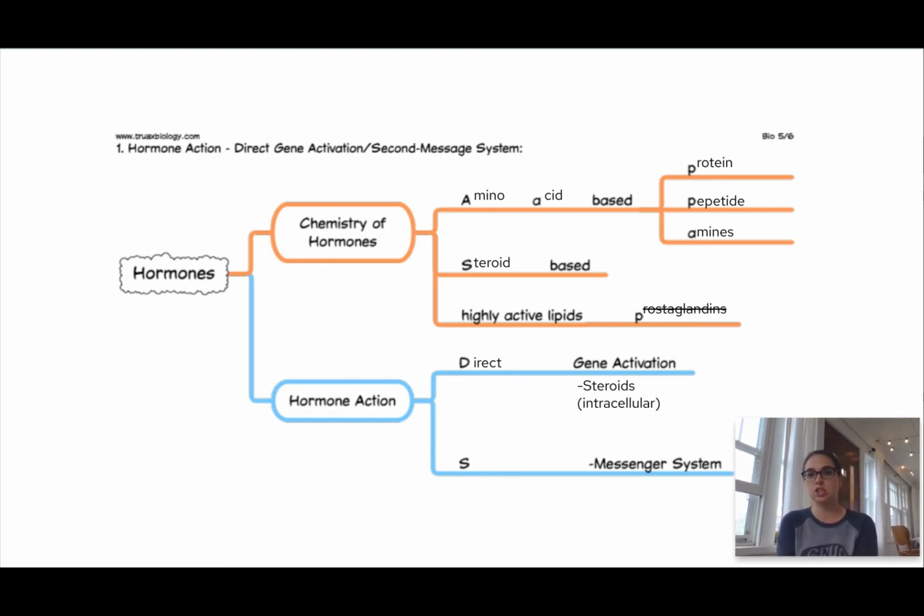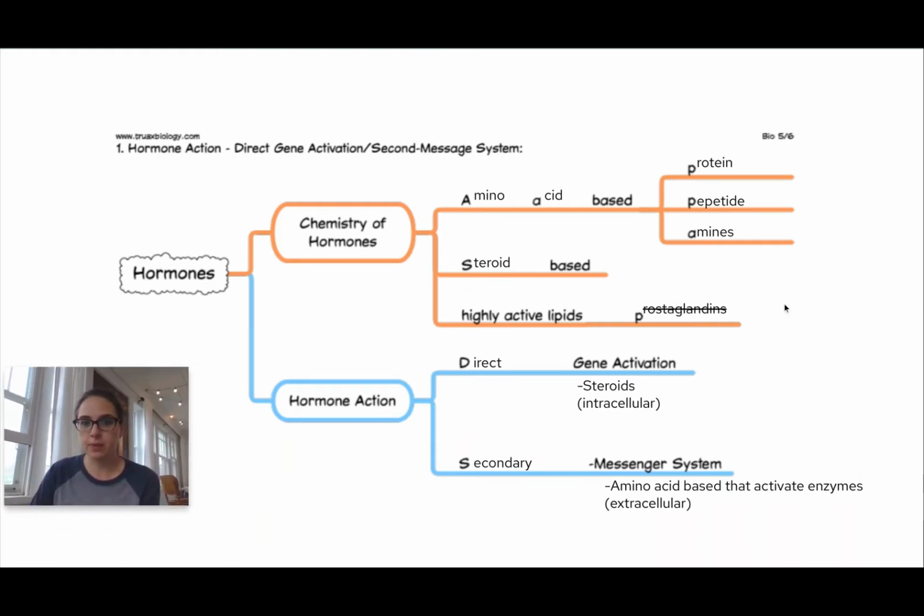They go intracellular, all the way into the cell, or they are a secondary messenger system, and that's the amino acid based hormones. They go on the outside of the cell and cause a chain reaction to occur. So they activate enzymes based on basically kind of knocking on the door of the cell. They don't go in, but they send a signal to the inside that way.